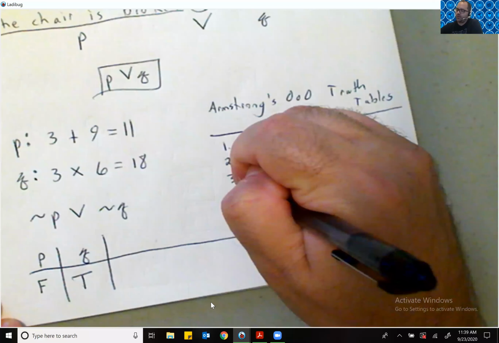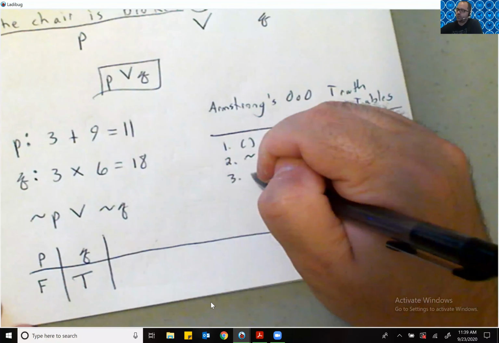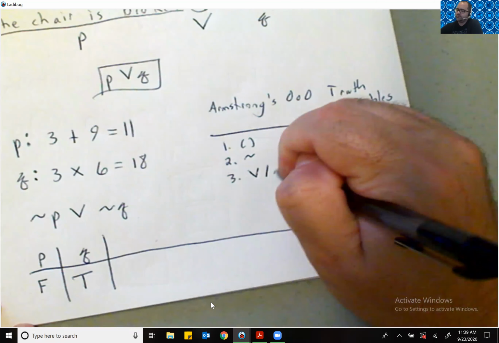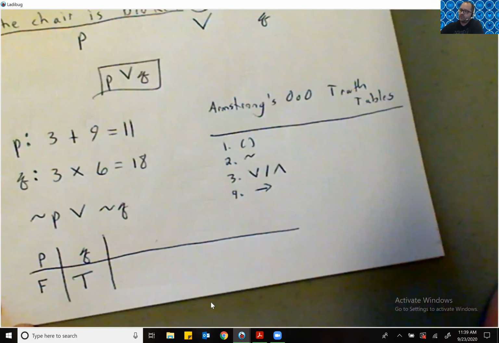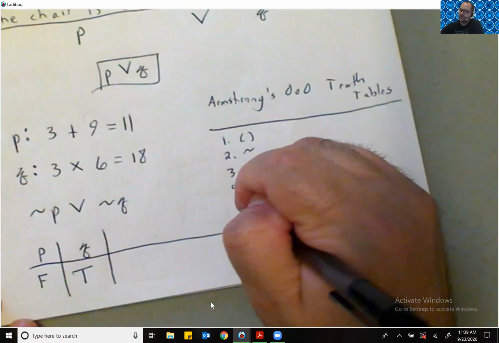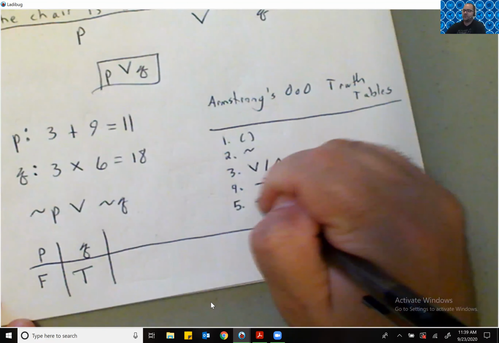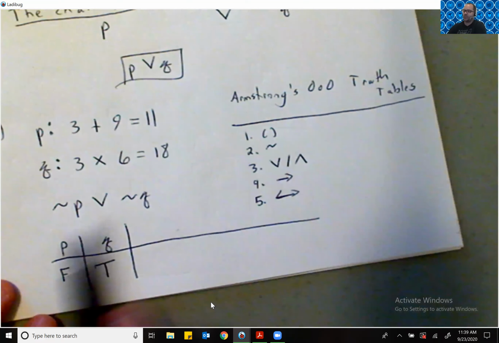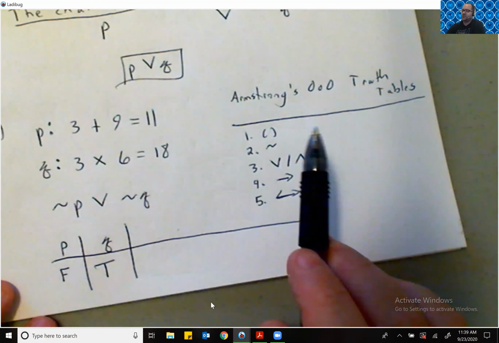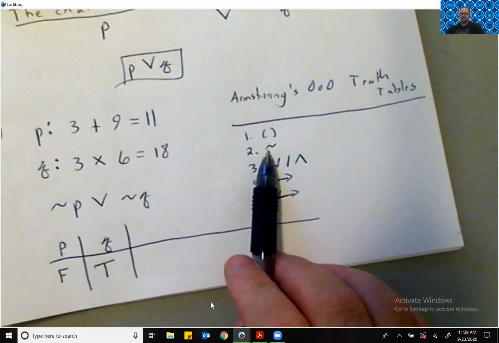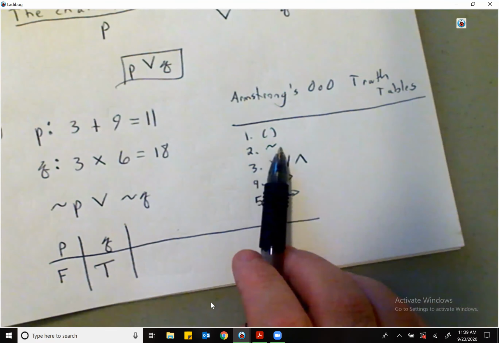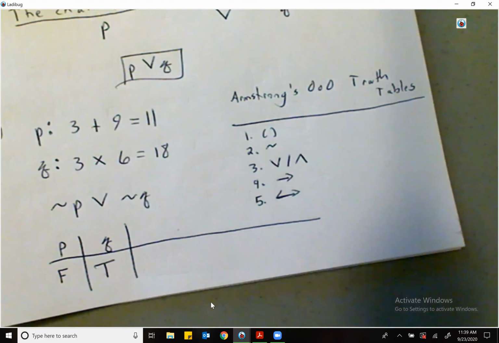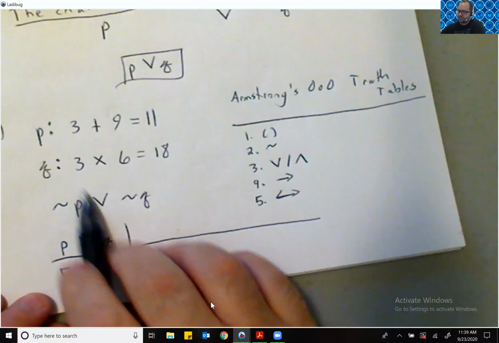Then you will take care of ands and ors. Then you will take care of conditionals. And last but not least, you will take care of biconditionals. Obviously we have no parentheses. Do we have negations? Do we have squiggles? Yes. So we're going to take care of the squiggle P first.